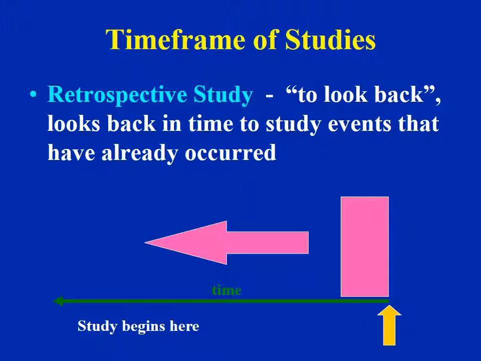You look back in time to study events that have already occurred. You may be reviewing records of people that worked in a factory. You may be thinking about food that people consumed. This type of study is considered a retrospective study, where we look backward in time to study events.